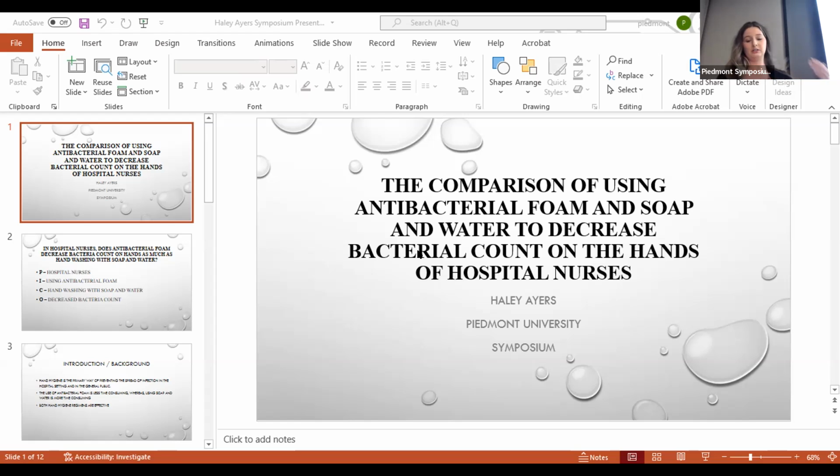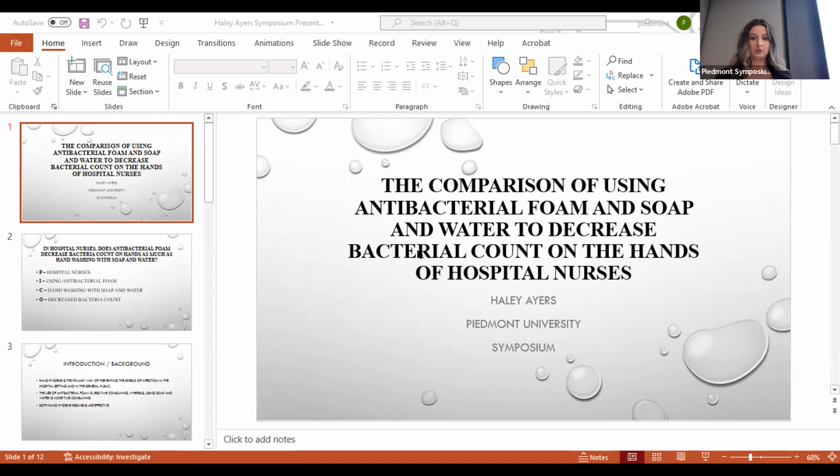So with this trial, the nurses that visibly had dirty or contaminated hands used both the alcohol hand rub and soap and water and came to the conclusion that using soap and water was the most effective way in removing bacteria from the hands, but the alcohol hand rub was less time consuming.